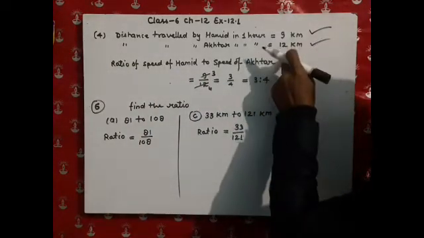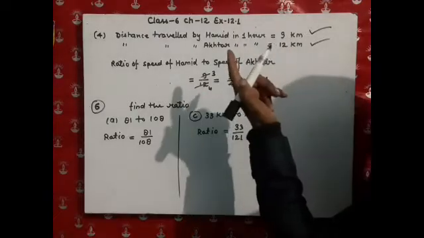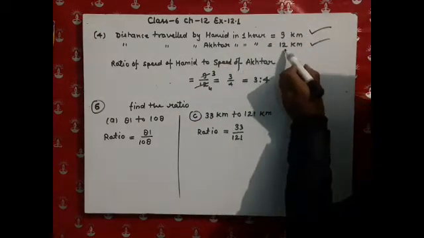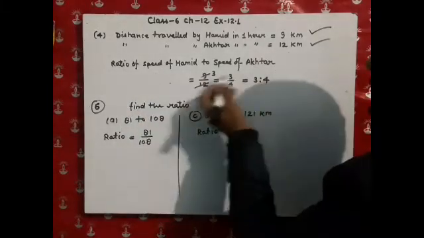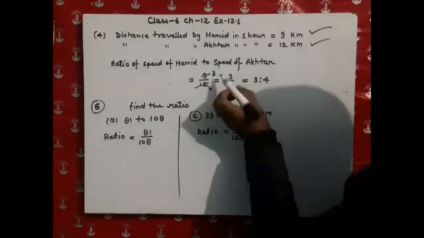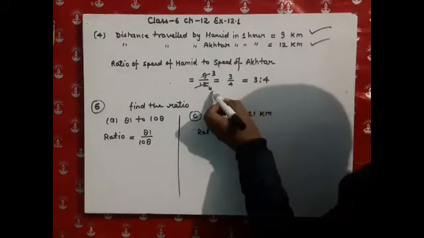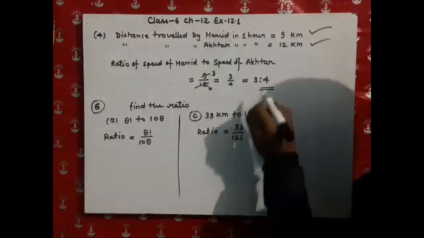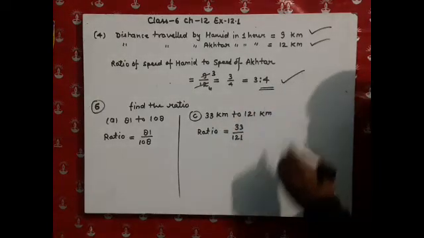So both distances are given in 1 hour, so the speed is 9 km per hour and 12 km per hour. Now we have to take the ratio of the speed. So 9 upon 12. Now both are divisible by 3. 3 3s are 9 and 3 4s are 12. Now it is equal to 3 upon 4, so that is equal to 3:4. So that is the answer.